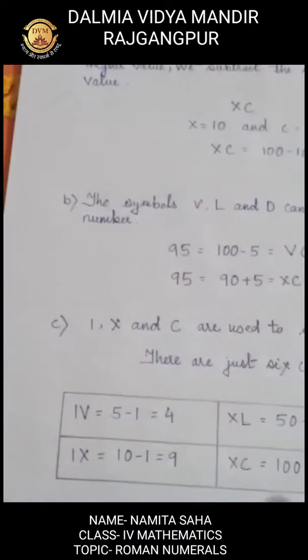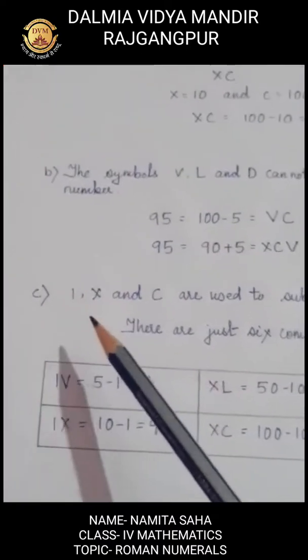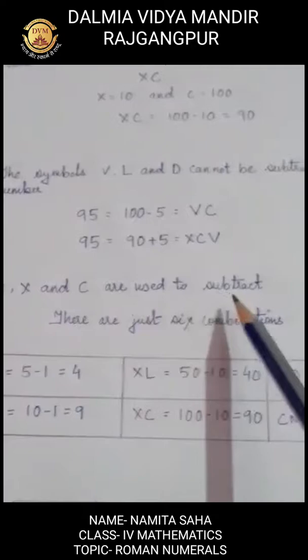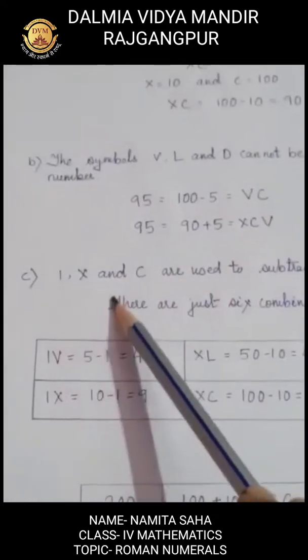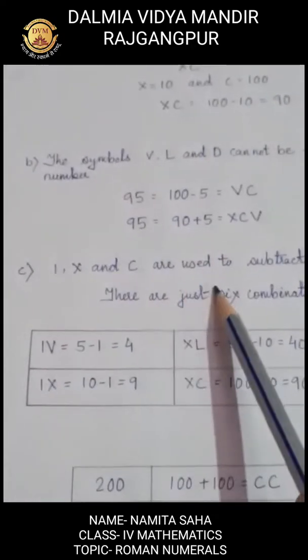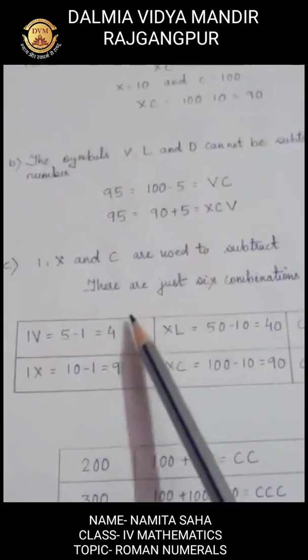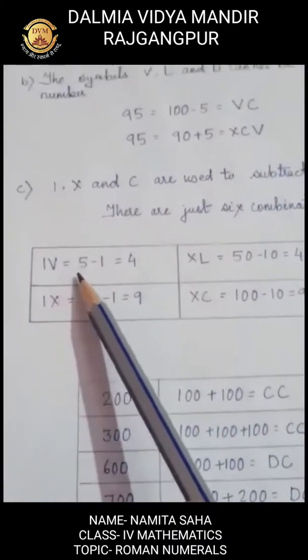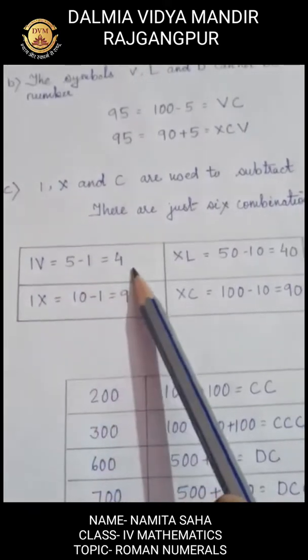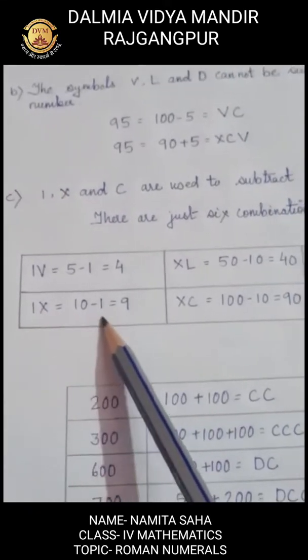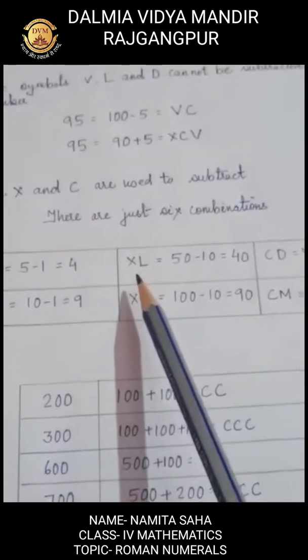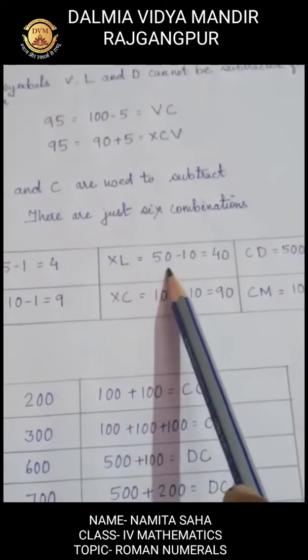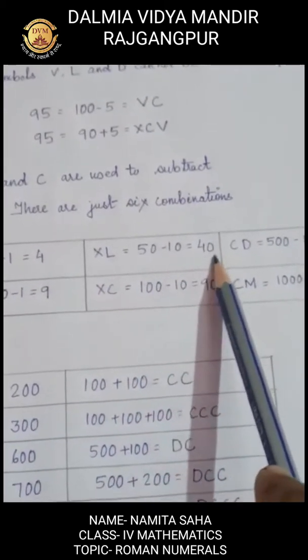Okay. Our next point: I, X and C are the only symbols used to subtract. Here is a chart. You can see here IV. IV means 5 minus 1 equals 4. IX equals 10 minus 1 equals 9. In this way, XL equals 50 minus 10 equals 40.